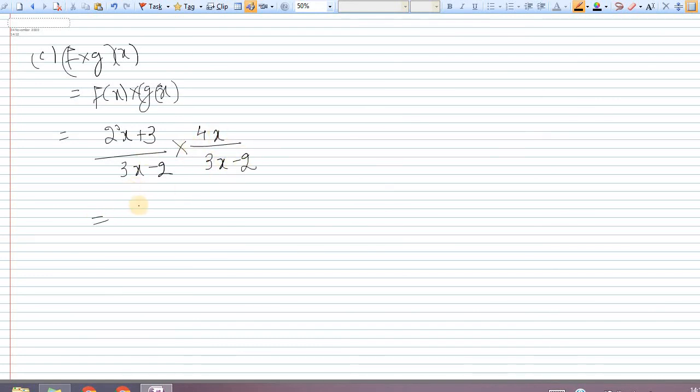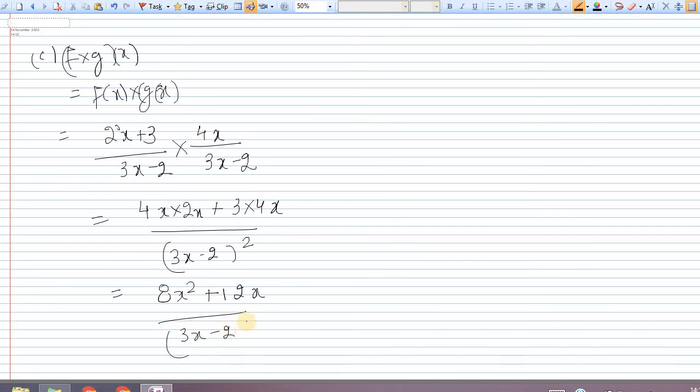So it will be multiplied like 4x into (2x+3), over (3x-2) whole square. So it would be (8x²+12x)/(3x-2)².